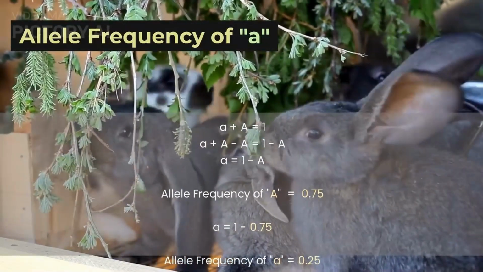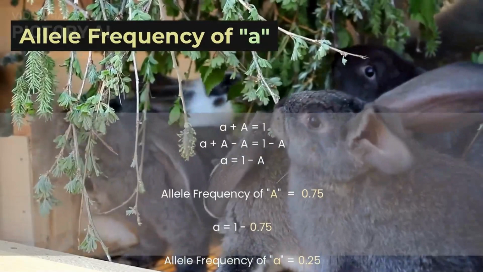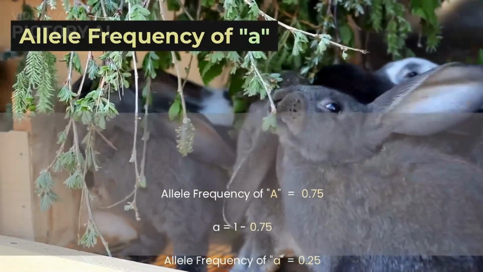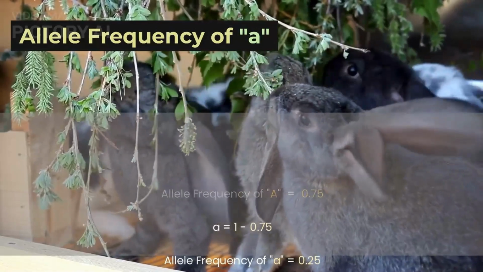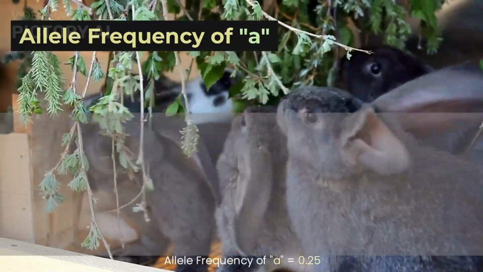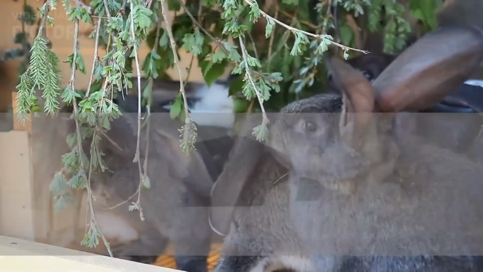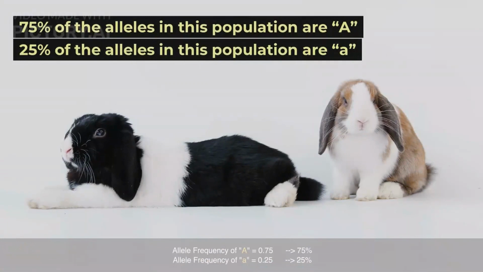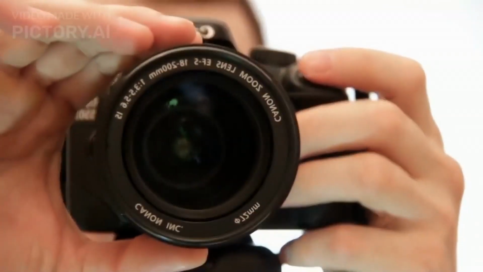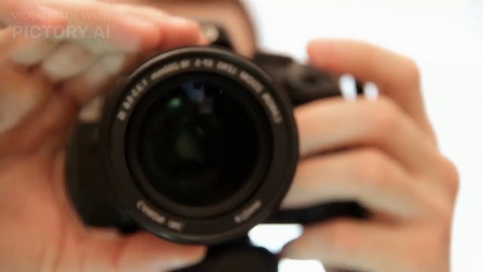Remember, we are dealing with frequencies, so adding both parts of the whole together should always equal 1. Now, regardless of the way you do it, you should get 0.25 as the frequency of the little a allele. These values mean that 75% of the alleles in this rabbit population for coat color are big A, while 25% of the alleles in this population are little a. This information gives us a snapshot of the genetic variation in the population.